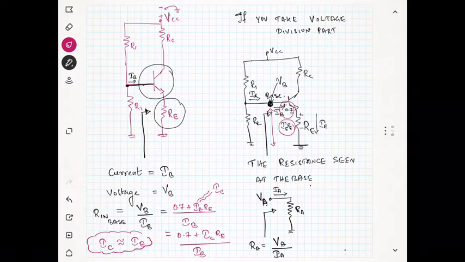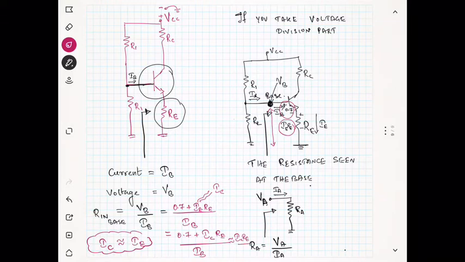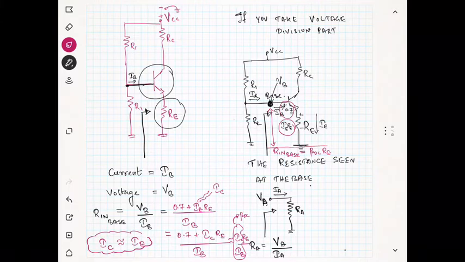Now you know that this is approximately equal to IC RE over IB. So what is IC over IB? IC over IB, you know this, it is nothing but beta DC. So the resistance seen at the base, actually this is known as R in base, is nothing but beta DC times RE. It is approximately equal to beta DC times RE.